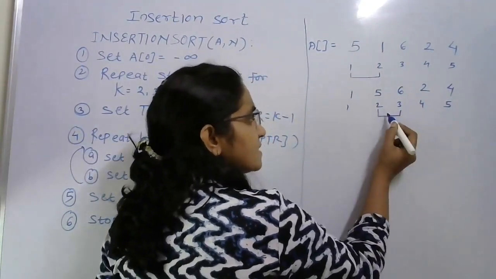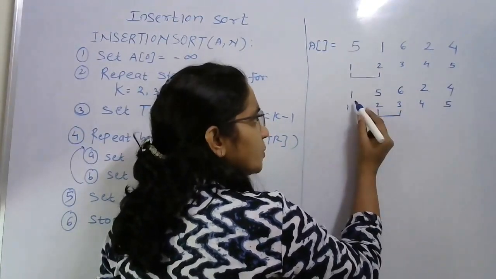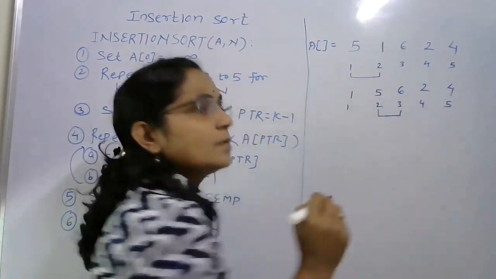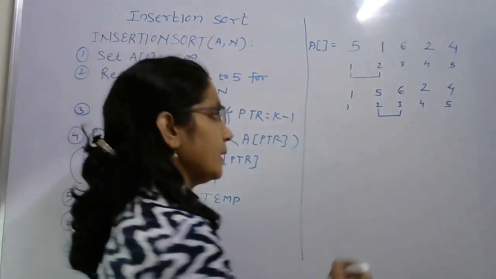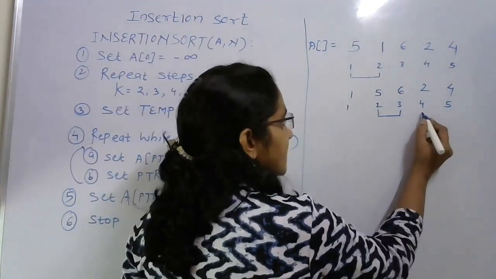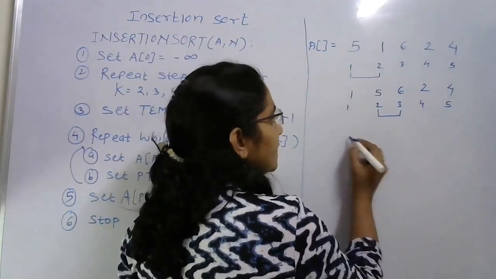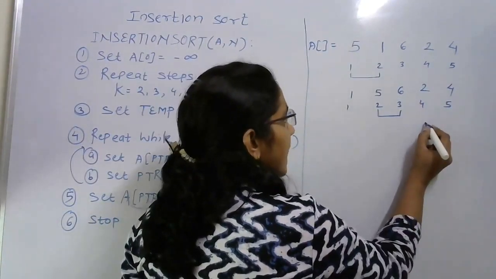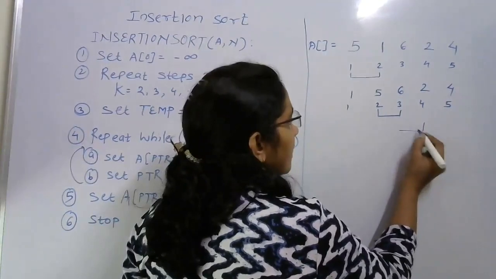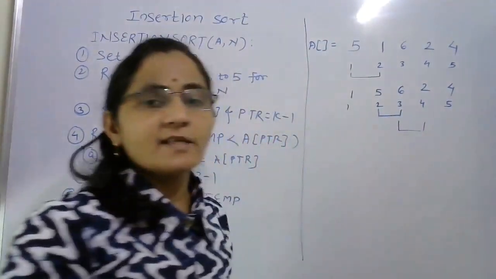Here in this case, there is no swapping because 5 and 6 are both in ascending order. So at the next step, when the 2 is inserted into the array, this 2 and 6 will be compared with each other.